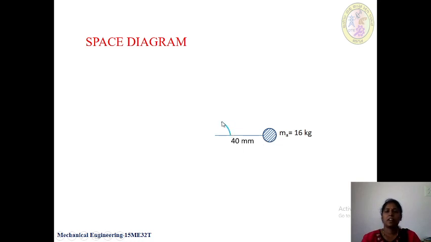Second mass at the angle of 60 degrees, that is MB, 14 kg, is acting at a radius of 50 mm. And our third mass is acting at 135 degrees from mass A. So every time we are taking the angle from the reference of mass A, that is from mass A, 135 degrees.